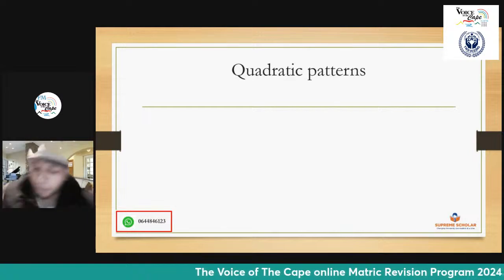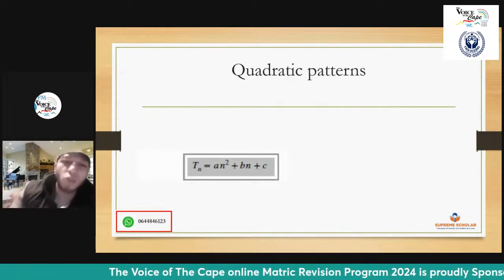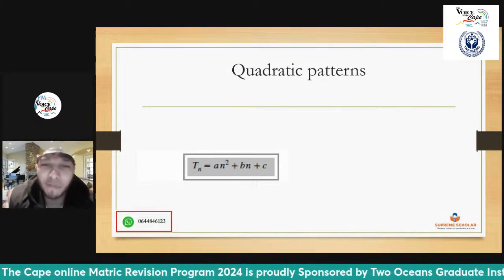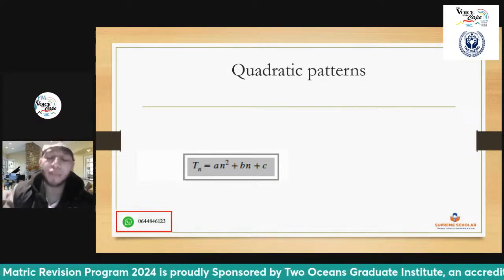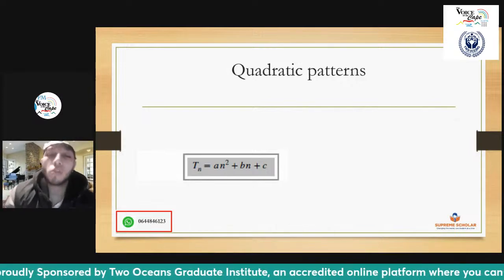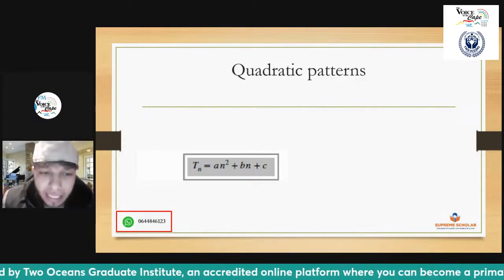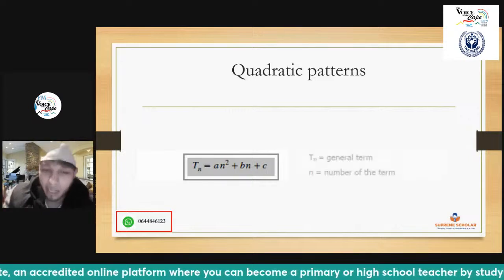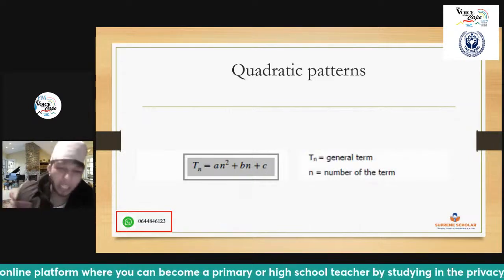So quadratic pattern, as you can see, this is the general formula for a quadratic pattern. Same with arithmetic and geometric, it has a general formula. The quadratic pattern also has a general formula. Tn is equal to an squared plus bn plus c. Alright? Now, Tn is your general term.